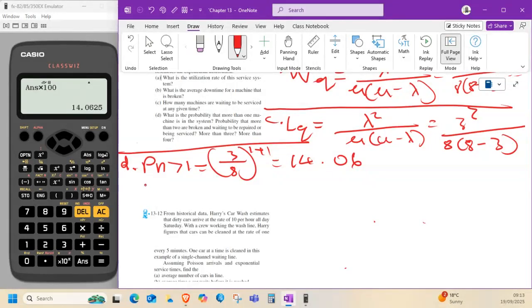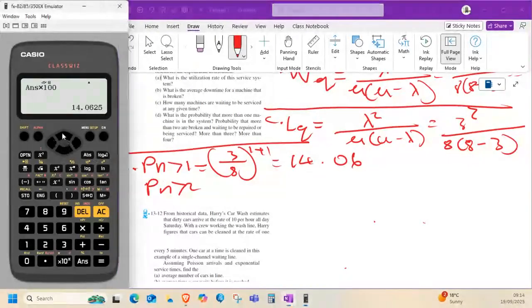Now you do this with another probability, that more than 2 broken machines. Okay, so P(N > 2). Then you just go and edit your answer. It becomes 2 plus 3.